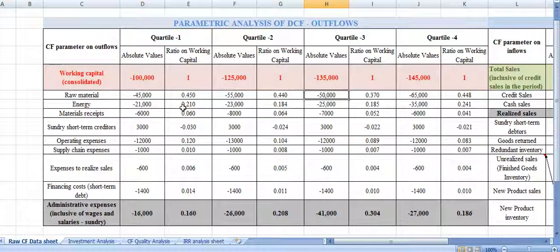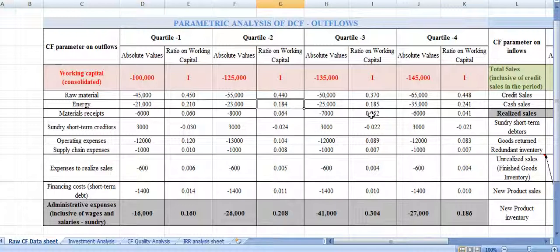And then we look at the energy, which reduces at certain times because of possibly reduced usage or higher utilization or higher efficiency of the capacities. If the operational efficiency is higher, then the energy outgo will be significantly lower. So these are the areas.